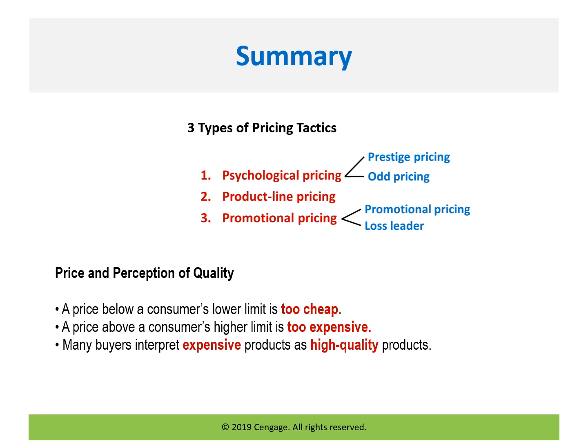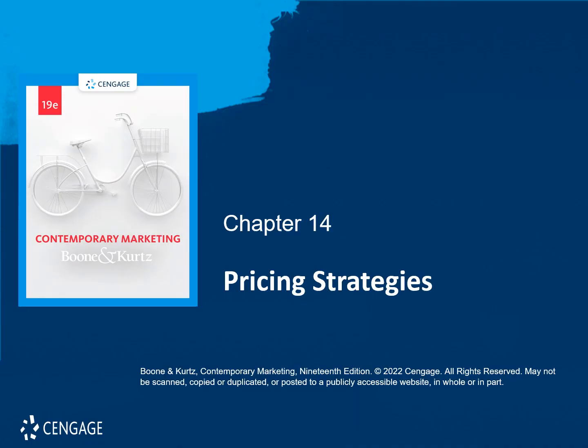We also discussed the three types of pricing tactics, namely psychological pricing, product line pricing, and promotional pricing. Then we also talked about price and perception of quality, wherein marketers believe that a price below a consumer's lower limit is too cheap, but a price above a consumer's higher limit is too expensive. So many buyers interpret expensive products as high quality products. That is the end of chapter 14, Pricing Strategies.